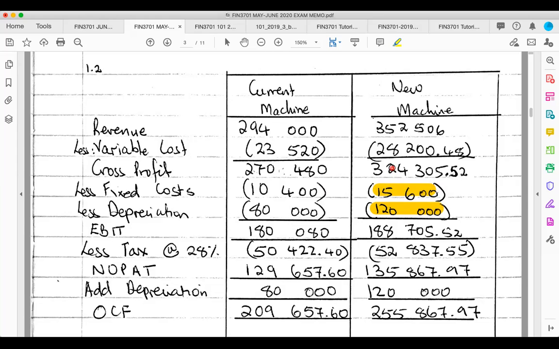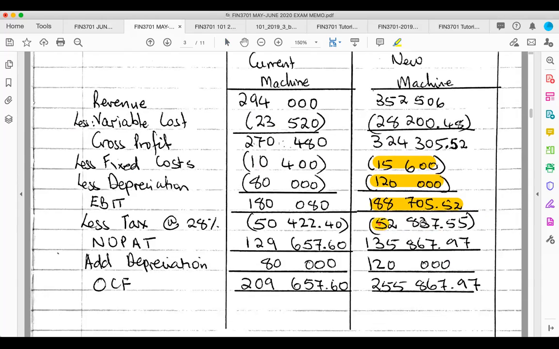Okay. So you then take your gross profit minus the fixed cost minus depreciation. You get your EBIT. Always carefully check to see if your EBIT is positive or negative. In this case, our EBIT is positive, so we have a tax expense. So we say 28% of the EBIT. And then if we subtract that, we get the net operating profit after tax.